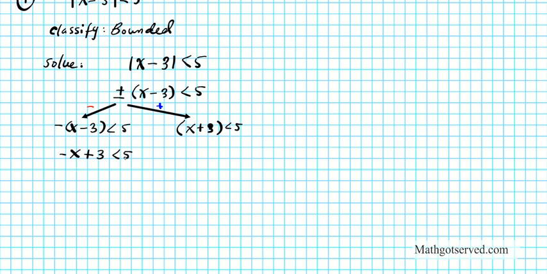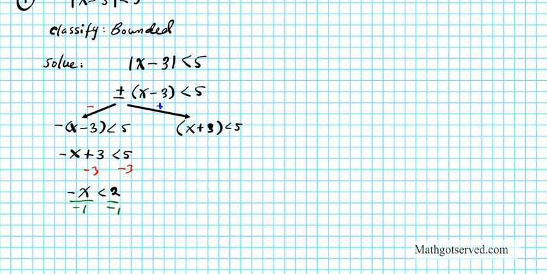And then to finish this one up, it's a two-step process. We subtract 3 and divide by negative 1. So let's go ahead and do that. Subtract 3 from both sides. And then you have negative x is less than 2. And then you divide by negative 1.